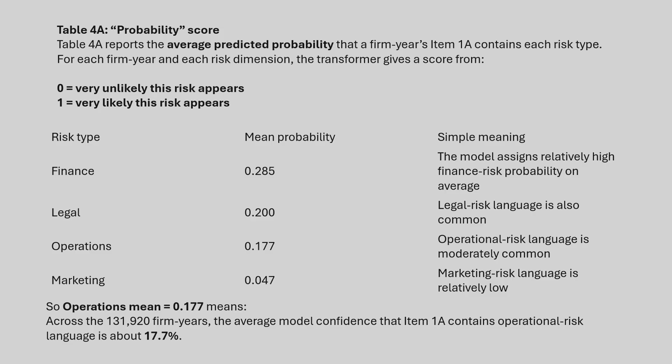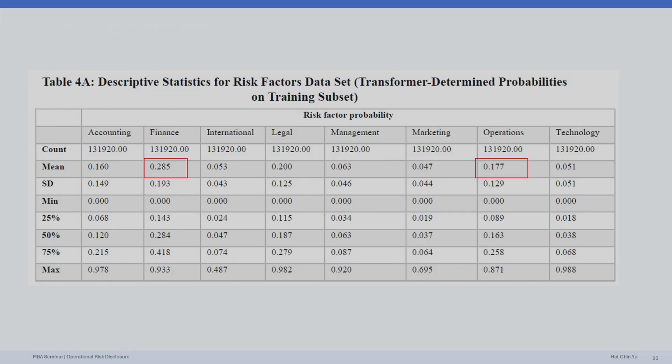So take a look at the real table 4A. Remember the numbers, right? Then we can take a look at 4A. Here we can see finance, the probability, and the operational has a probability on average of 0.177.